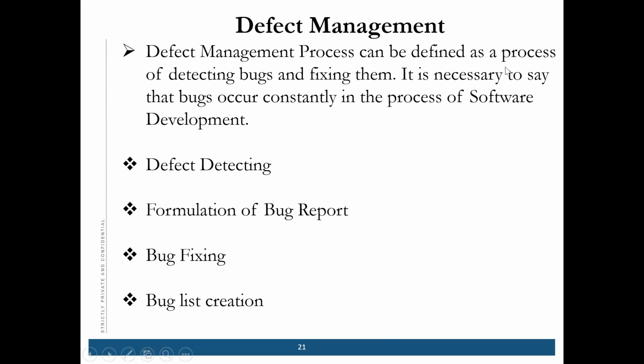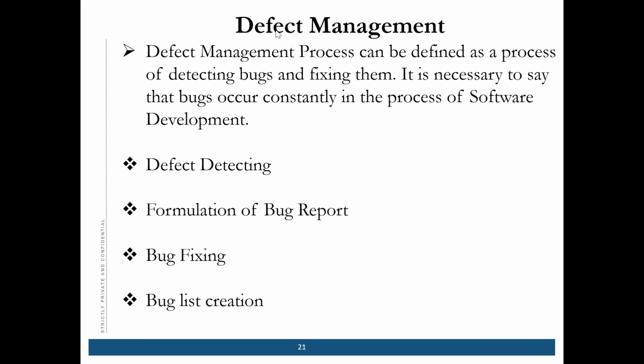The process can be defined as: when you are detecting bugs and fixing them, it is necessary to save those defects and their fixes in a document so that it can be used in the future. When you get a similar type of defect, you can save your time by knowing how you fixed it before. So these are the ways you can reduce your time.